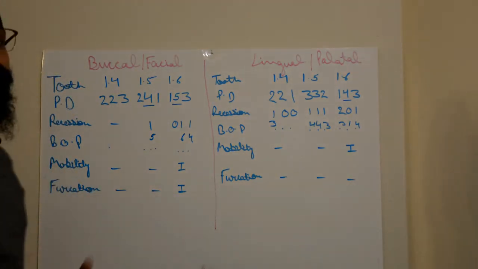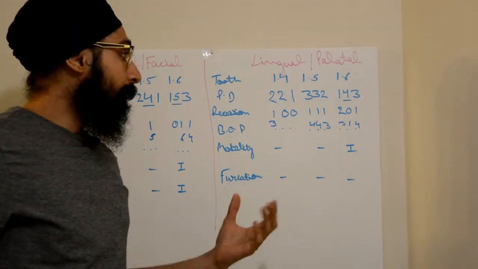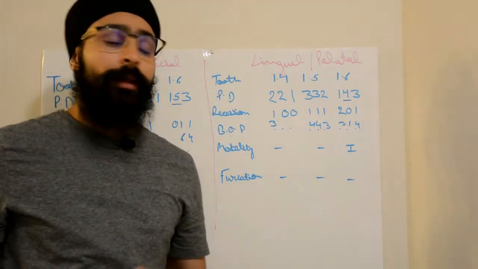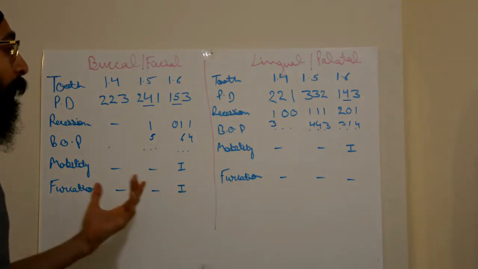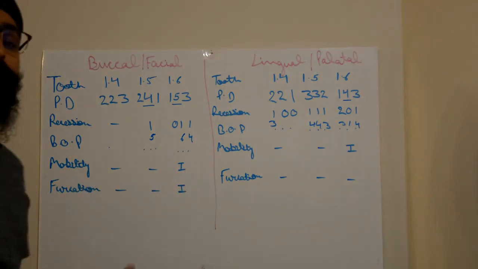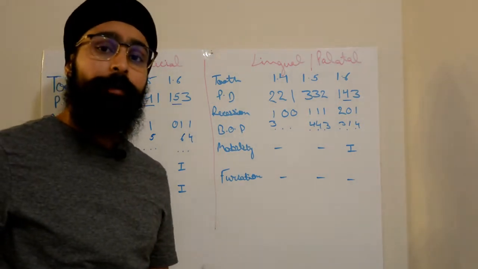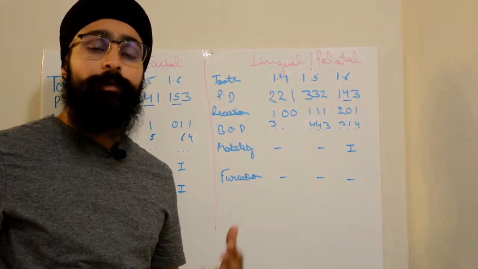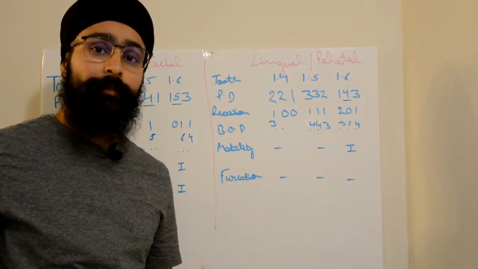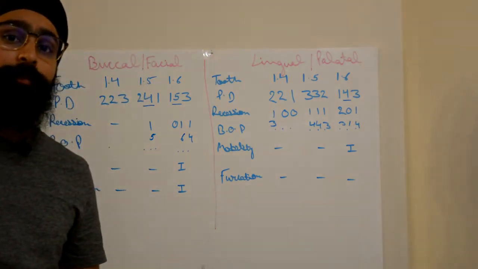Guys, whenever you are given a question from various scenarios, then you are presented with this perio chart. You should always know how to interpret this perio chart, because if you know how to interpret the perio chart, then it will become very easy for you to diagnose certain situations. For example, necrotizing ulcerative gingivitis.